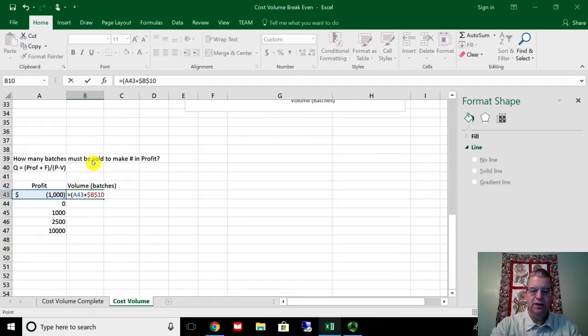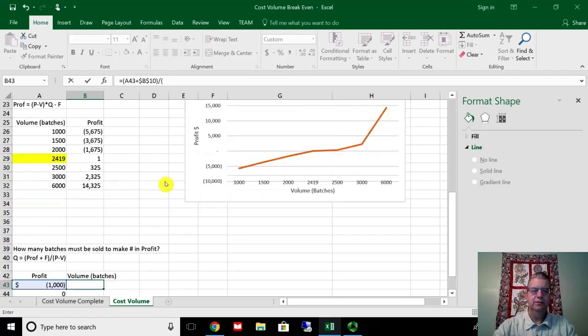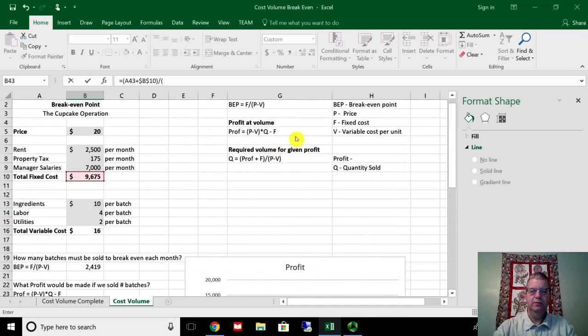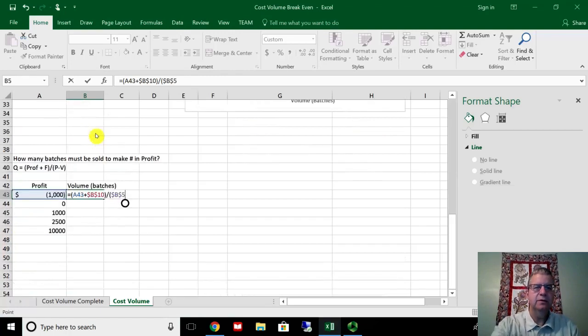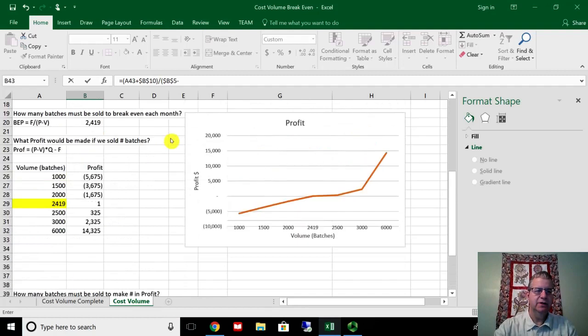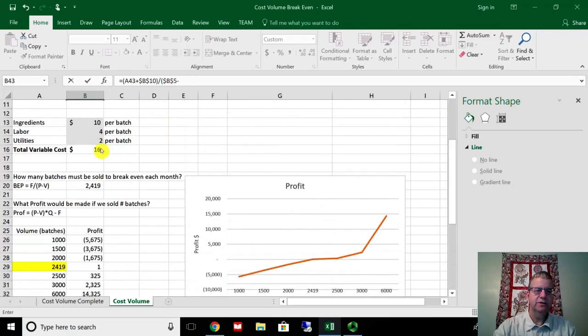So I'm going to do my F4, put my dollar signs in there. And then it says divide by my price minus my variable. And those are always in the same point. So I'm going to use those absolute references. Find my variable cost.